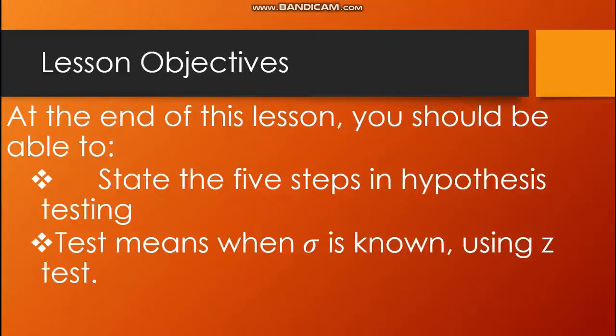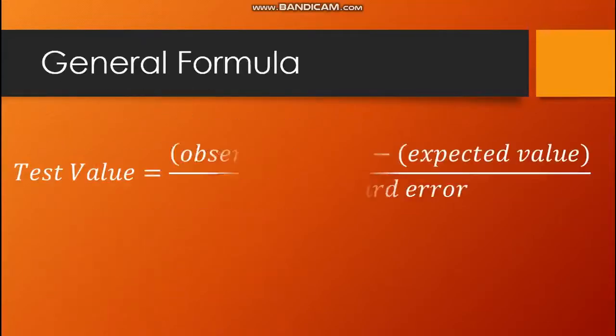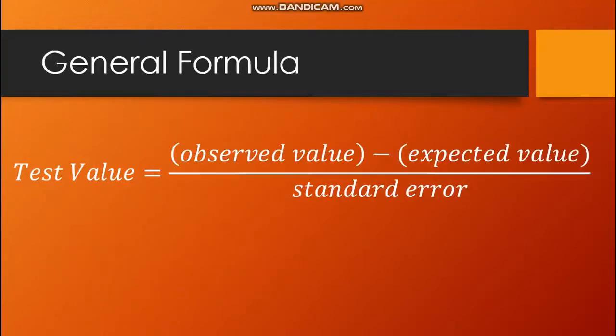Okay? And the general formula for testing the hypothesis is this one. We have test value is equal to observed value minus expected value all over standard error. Yung observed value natin, ito yung statistics o yung sample mean na na-compute natin from a sample data, na yung sample data natin kinuha natin sa population data.